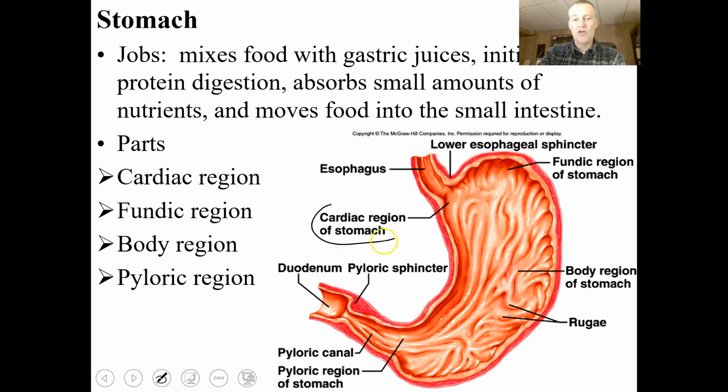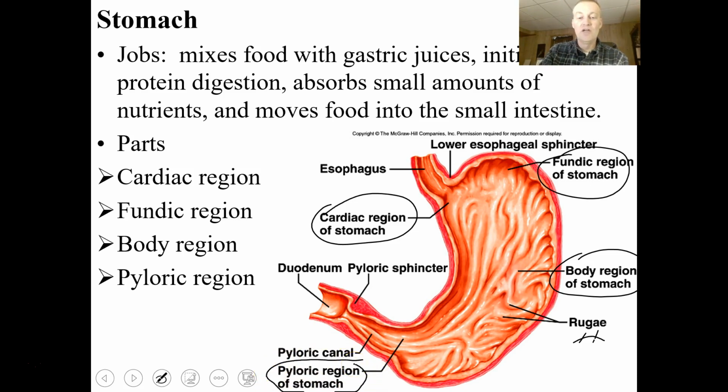So we have the cardiac region of the stomach, we have the fundic region of the stomach, we have the body region of the stomach, which is made up of little folds of that mucosa and muscle tissue, and those are called rugae. We then have the pyloric region of the stomach, which gets close to the pyloric canal, which will enter into the first portion of the small intestine called the duodenum.